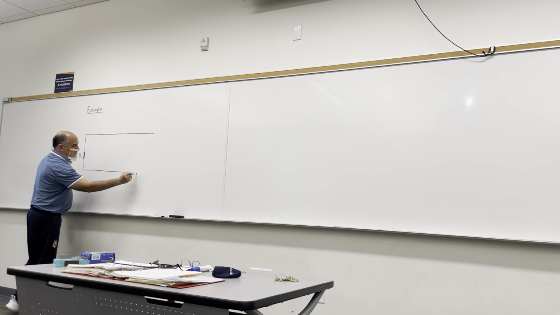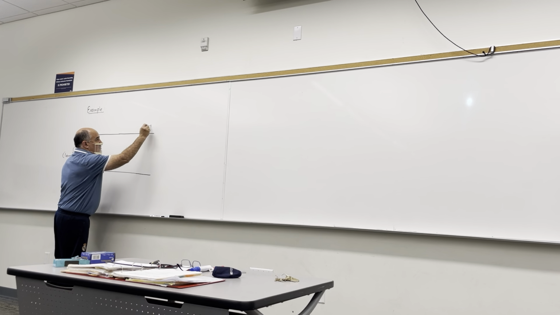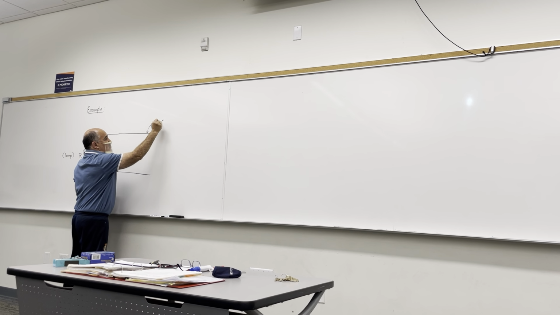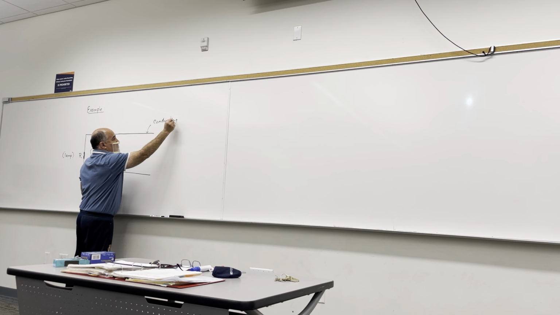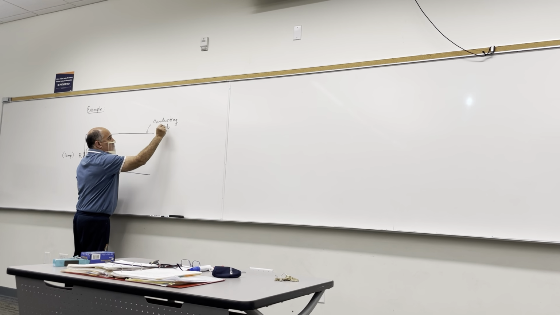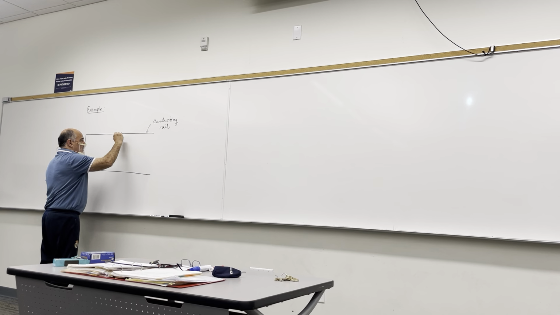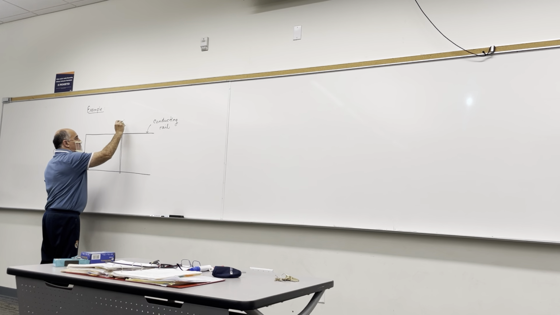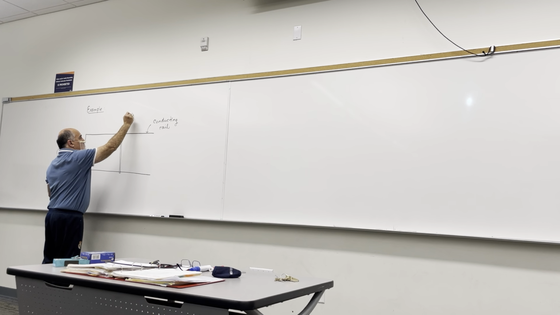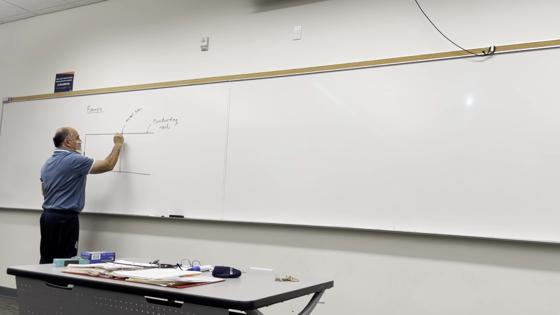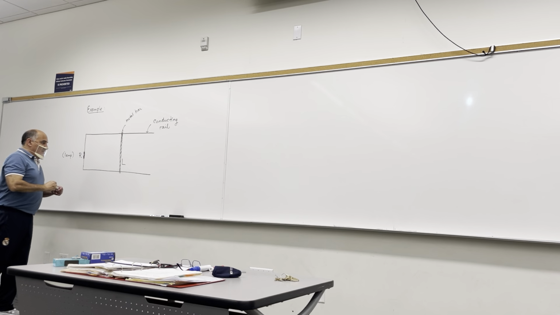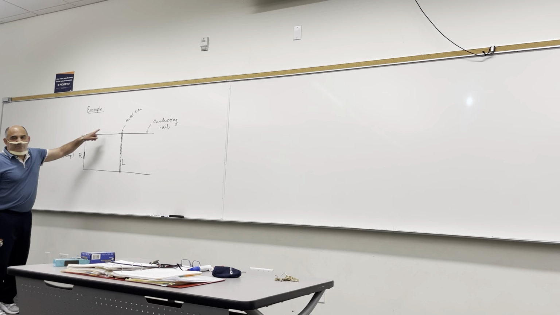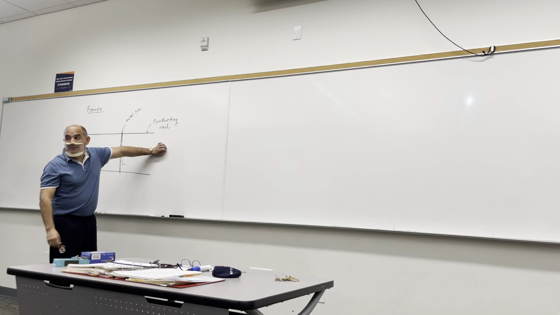And then more conducting rail. And there is a crossbar over here that can slide on this rail. The length of this thing is L. So I have a loop over here, but it's open on this side.